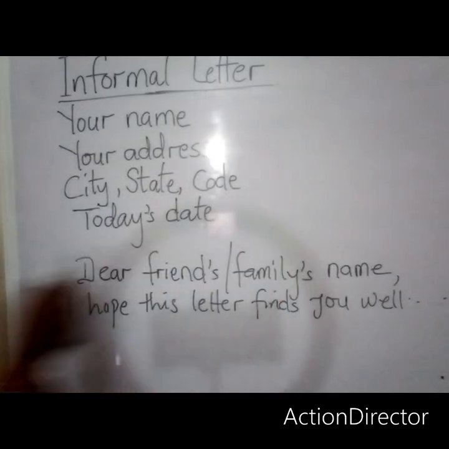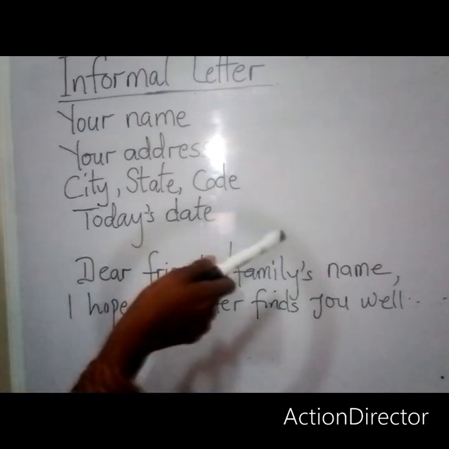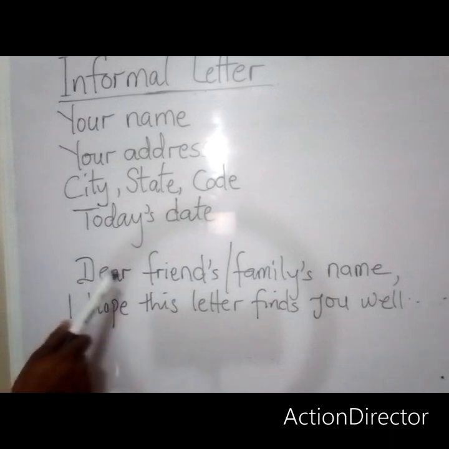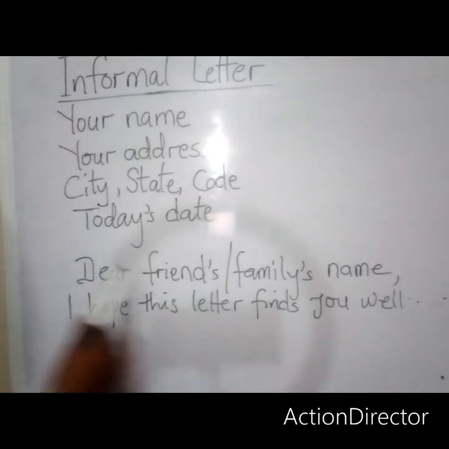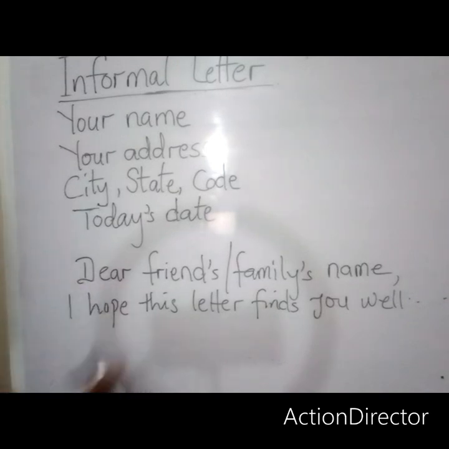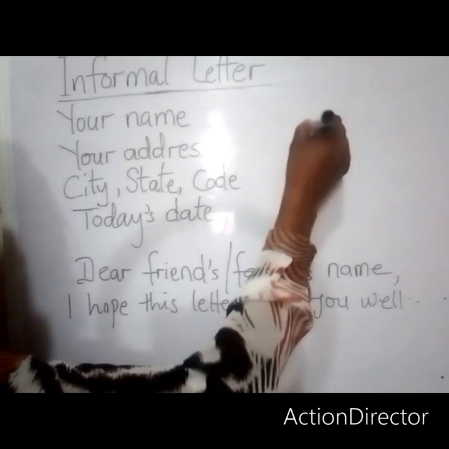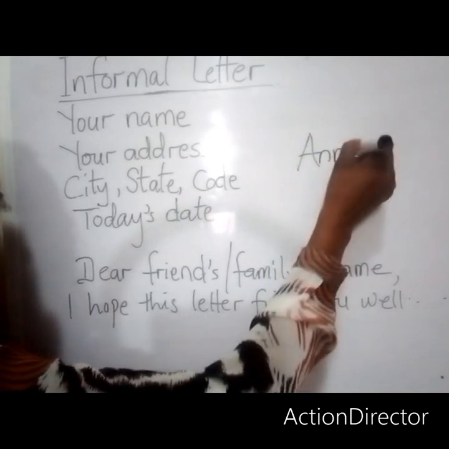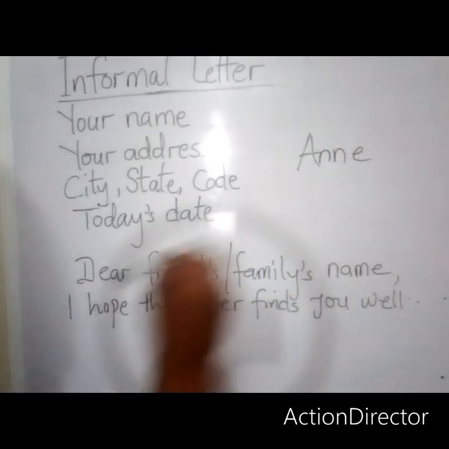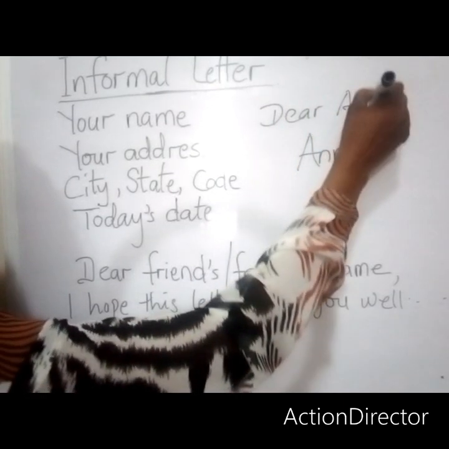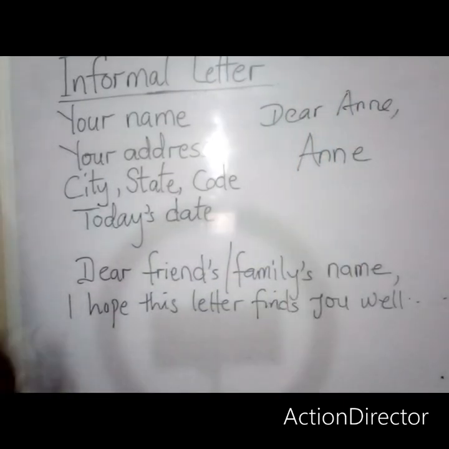And after that, like you have in the official letter, you leave a space. Okay? You leave some space, and then you write dear friend's name or dear family's name, depending on who you are addressing the letter to. If the name of your friend, for instance, is Anne, you're going to just write dear Anne, put a comma, then you start writing.